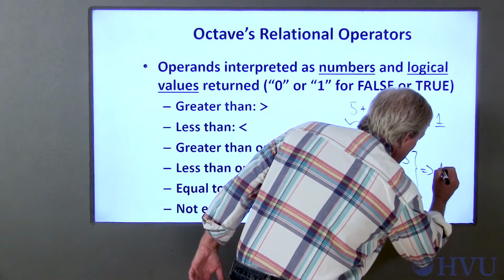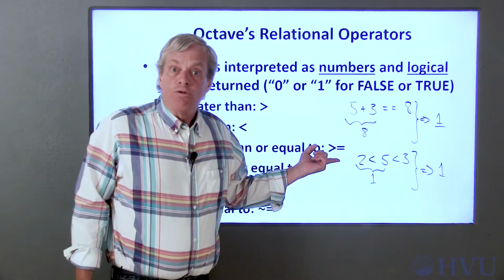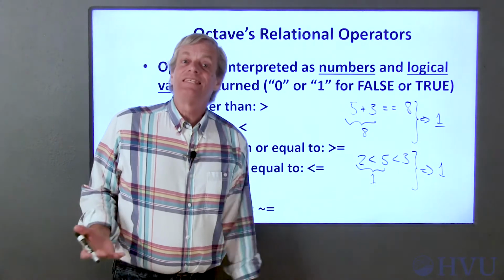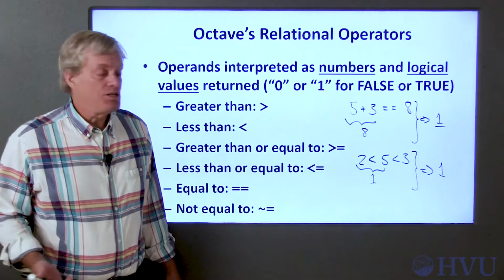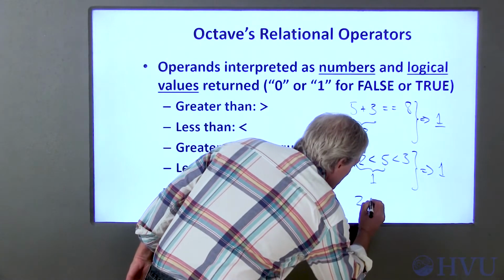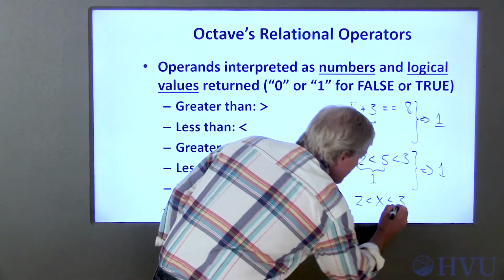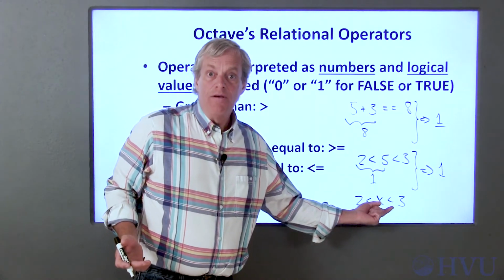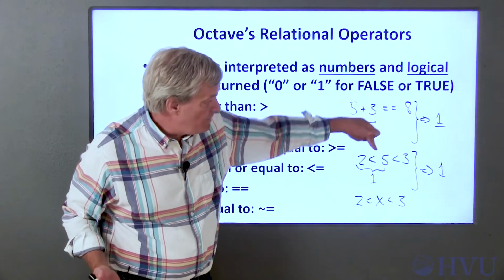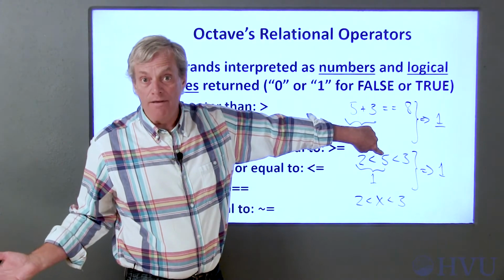And this overall expression is true. This is different from the conclusion that would be drawn from a typical mathematical notation in which 2 less than x less than 3 would check whether x is between 2 and 3. This mathematical notation would be false if x were 5.